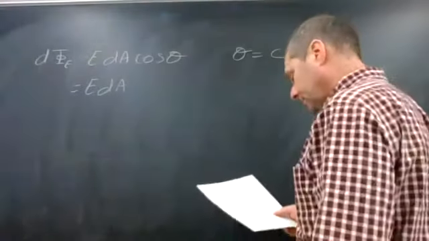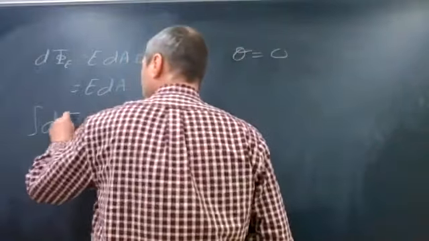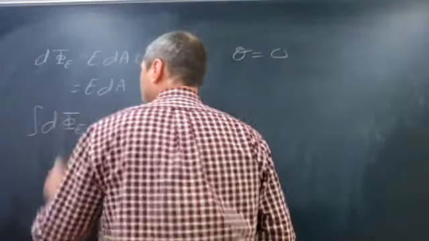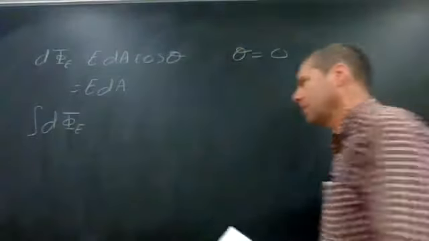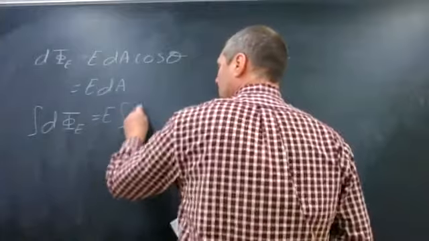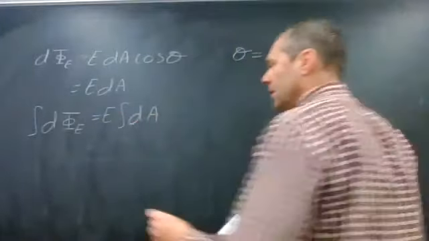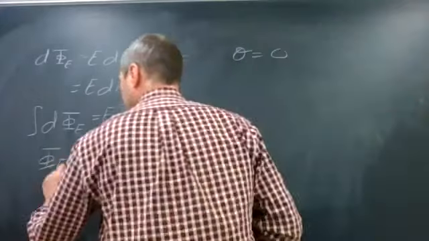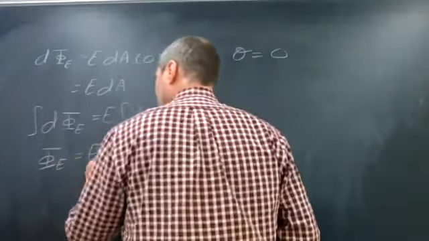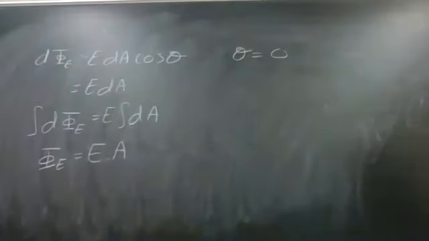If I integrate, the electric flux is equal to, I can pull the E outside the integral, E times the integral of dA. Now my electric flux is equal to the electric field times the area.